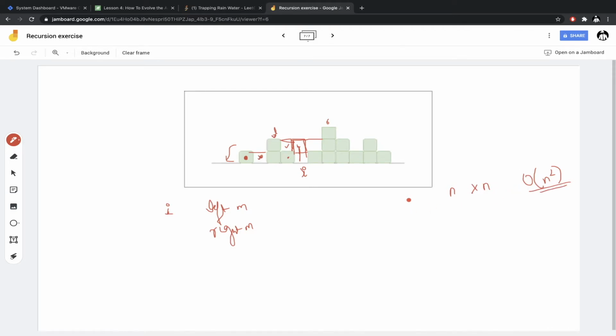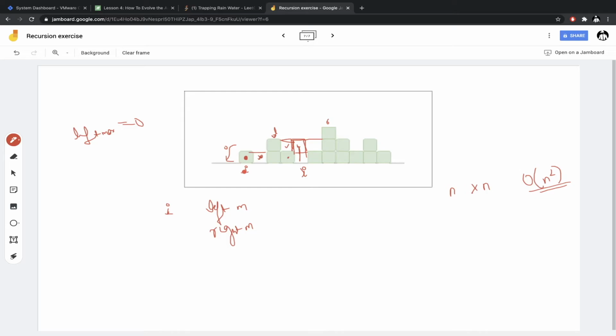Now what else can be done here? We can find the left max and the right max in just one iteration. Suppose we are at this index. We'll store one variable, left max. For this index the left max should be currently 0, so we'll set it to 0 for this element.